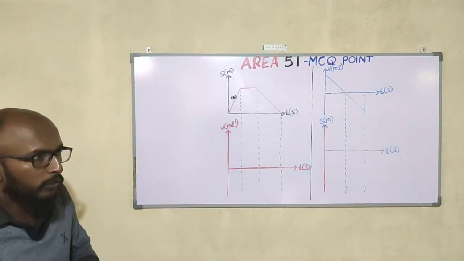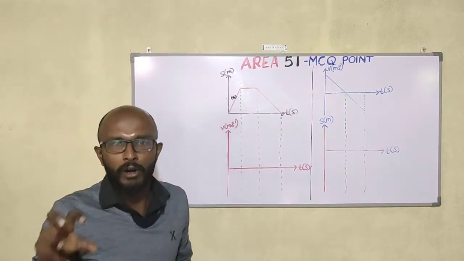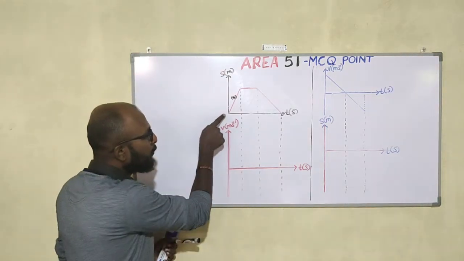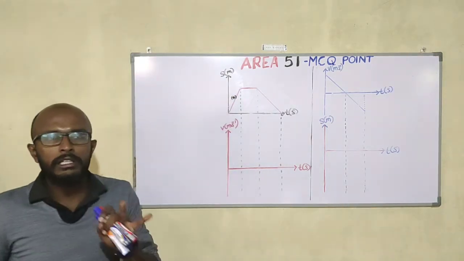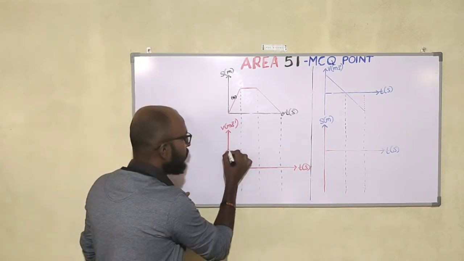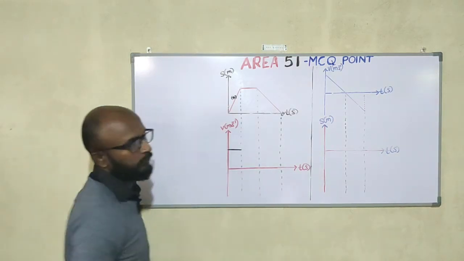Okay, so then we know from the gradient of a displacement time graph, we are getting the velocity. So from here to here, the gradient is constant. That means this should be a positive constant velocity.